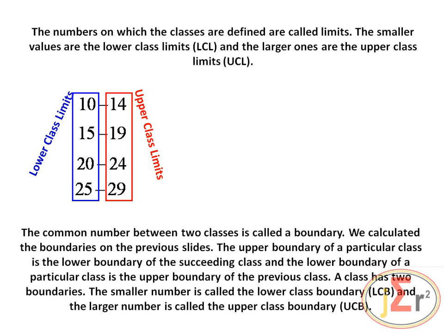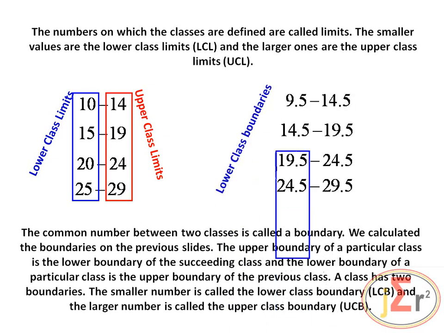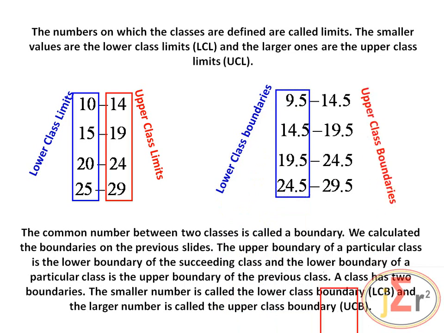And the lower boundary of the particular class is the upper boundary of the previous class. A class has two boundaries. The smaller number is called the lower class boundary, and the larger number is called the upper class boundary. There we have them. Lower class boundaries and upper class boundaries.